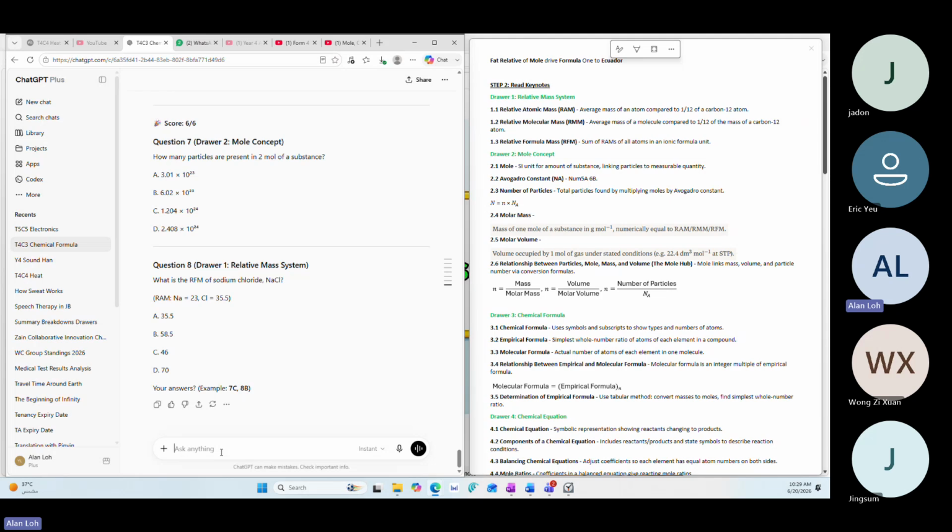Right. RFM is relative formula mass, molar mass. What is the weight or RFM of sodium chloride?